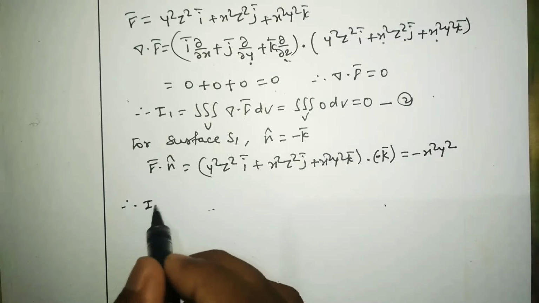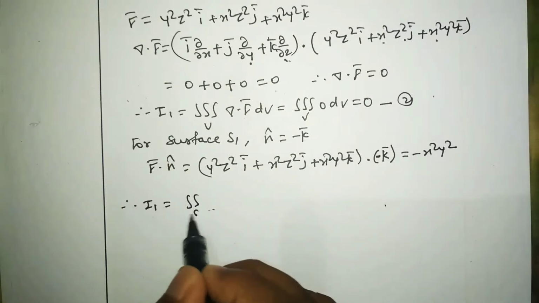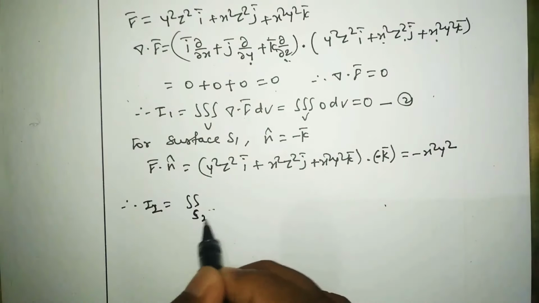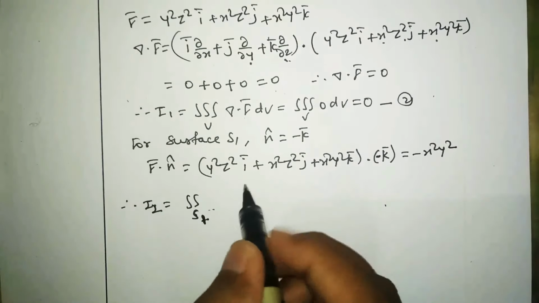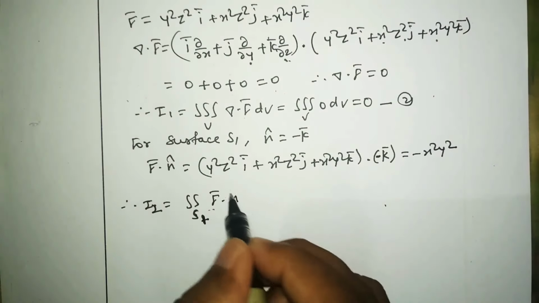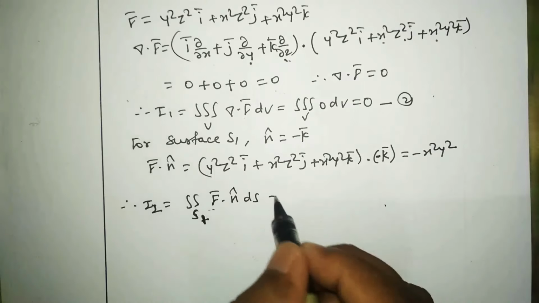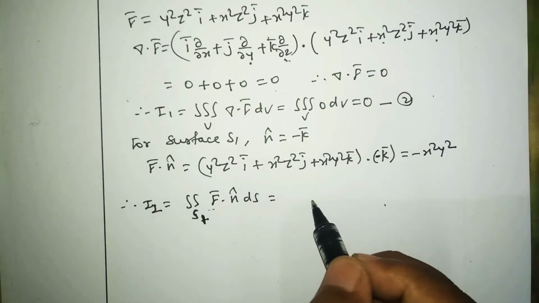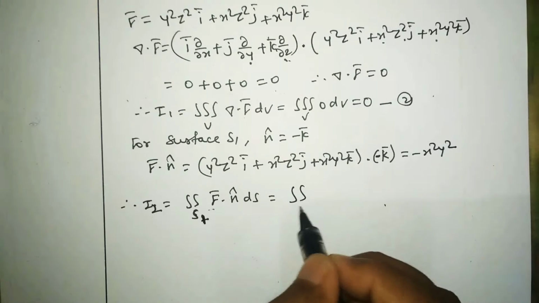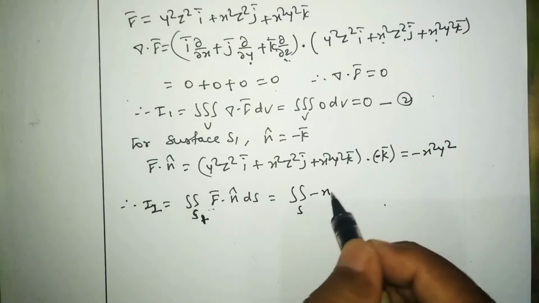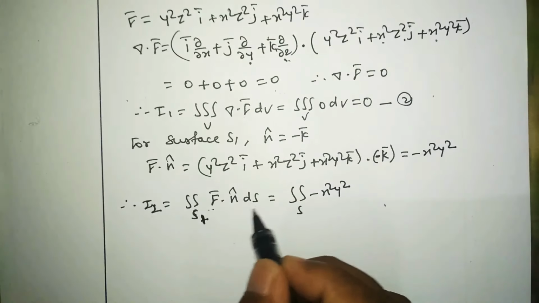Therefore I2 is double integration over surface S1 f bar dot n cap dS. This is equal to double integration over S1, f bar dot n cap is minus x square y square, and what is dS?